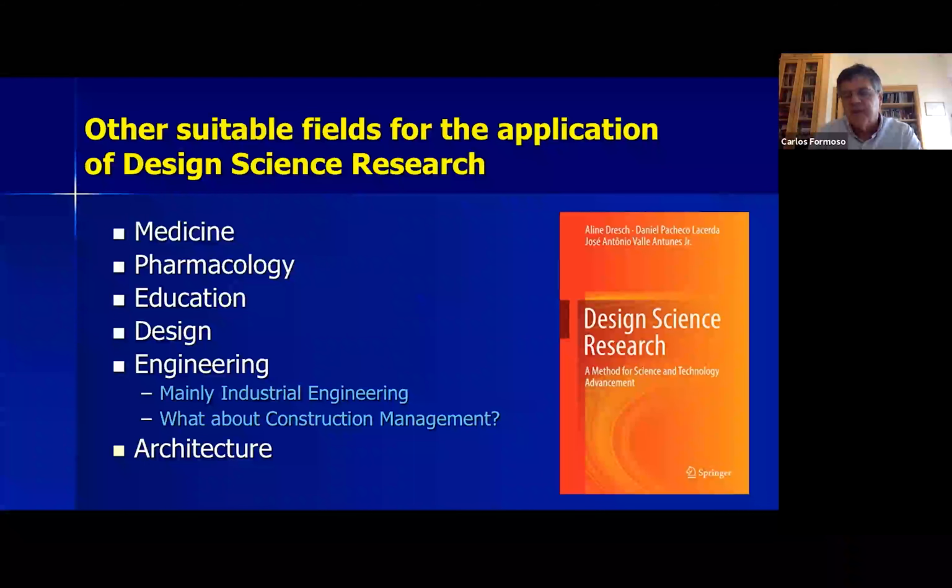Construction management is also an area in which there is a growing popularity of design science research. And it's interesting because this is particularly strong in the lean construction academic community. There are many researchers and academics that are members of the International Group for Lean Construction that have been using design science research. But it's growing a lot.